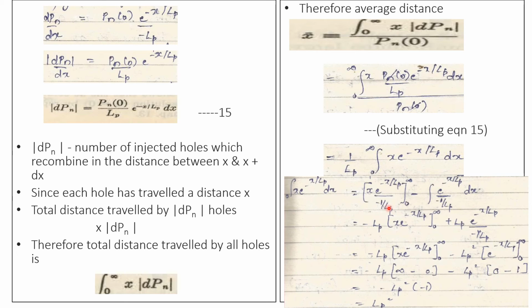Then this Lp is taken in the numerator, minus of Lp into x e raised to minus x upon Lp with limits 0 to infinity, plus again integrating this, we get Lp into e raised to minus x upon Lp upon minus 1 by Lp. Then we can substitute the limits in this step, and finally we get Lp square.